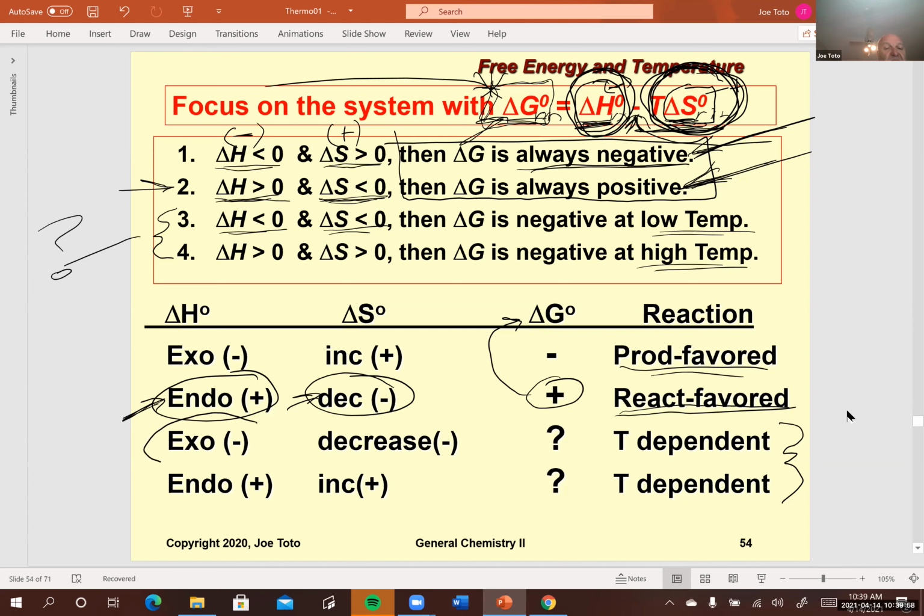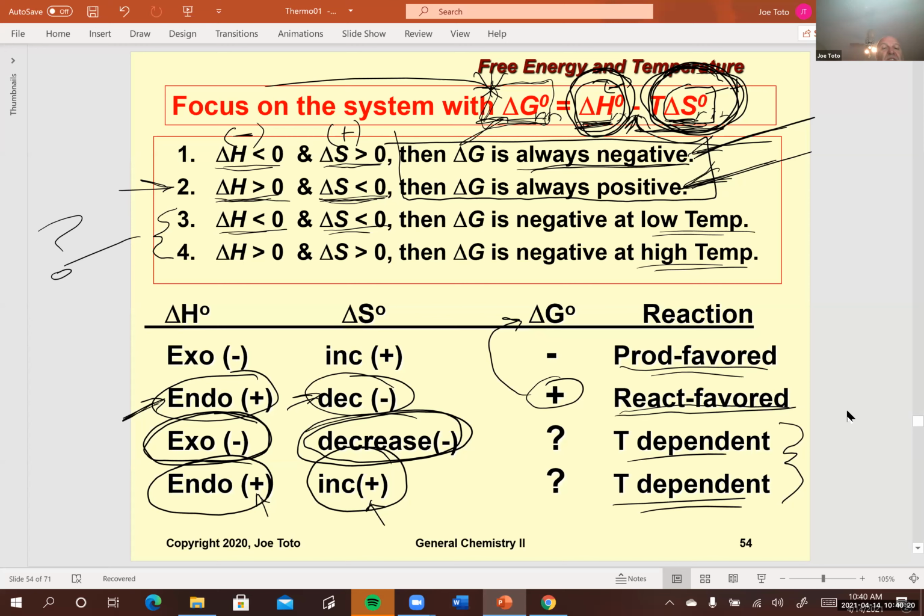When delta H is negative, it's exothermic, and when delta S is negative, it's temperature dependent. When it's endothermic, or delta H is positive, and the delta S of the reaction is positive, again, it's temperature dependent. So it's only when they're opposites that you can't do anything about it. But when they're the same sign, then it's temperature dependent.